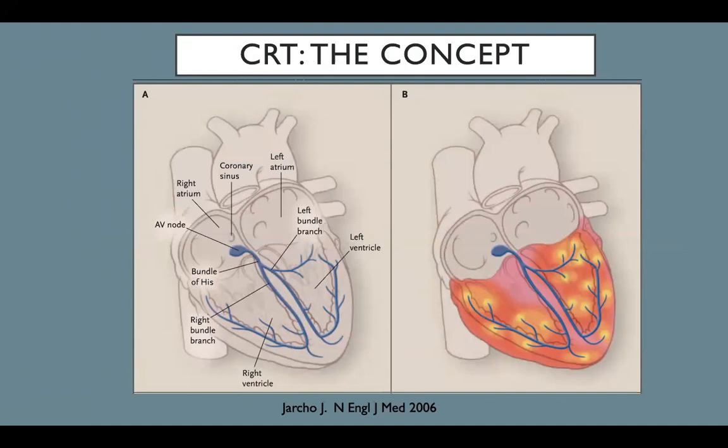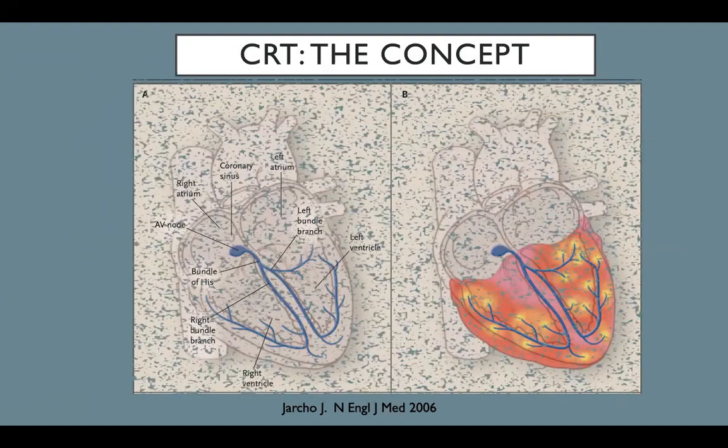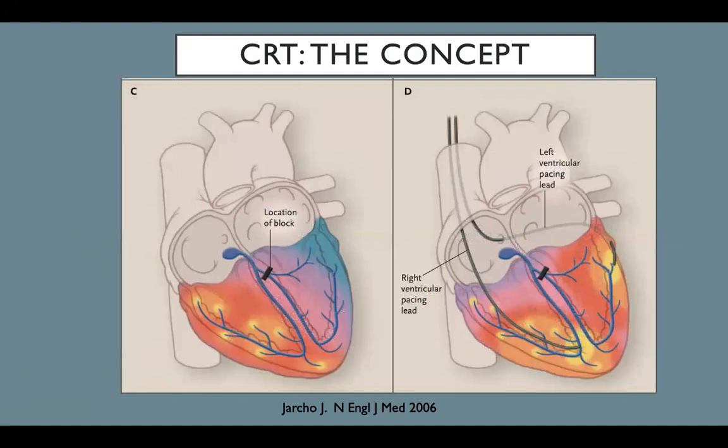So with regards to left bundle branch block, which is our prototypical patient population that we offer resynchronization pacing to, you can see here on the left side of the screen, there is an absence of ventricular activation, or a very marked delay in ventricular activation with the intrinsic conduction.